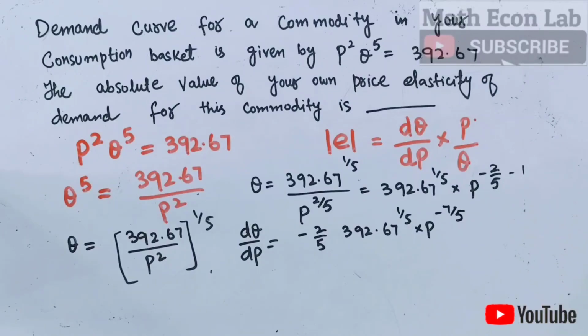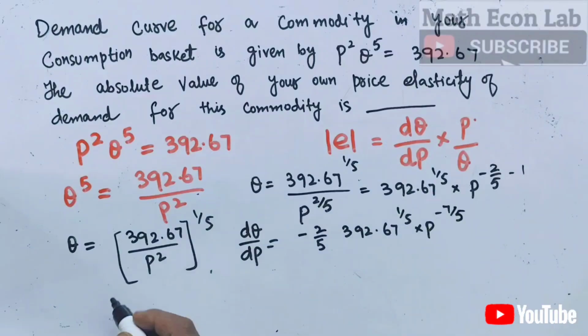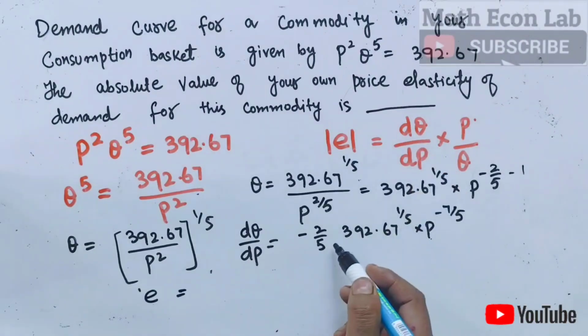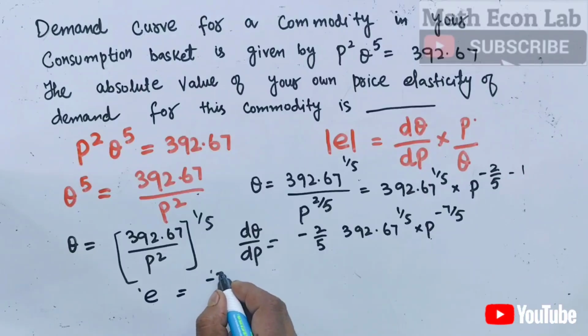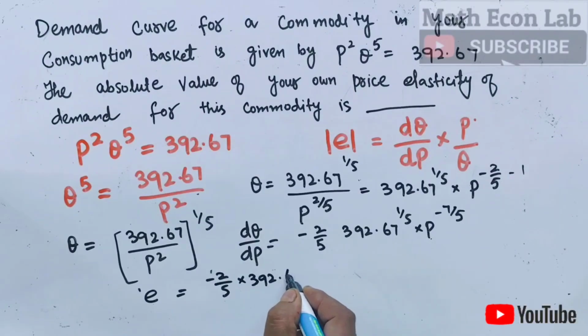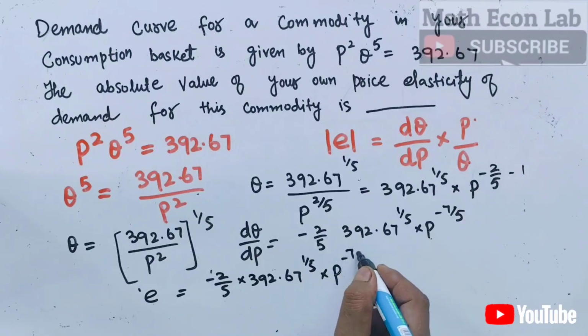Now, elasticity of demand, as we know, is equal to dq upon dp, which is minus 2 upon 5 times 392.67 raised power 1 upon 5 times p raised power minus 7 upon 5.